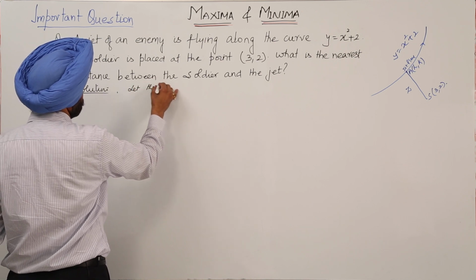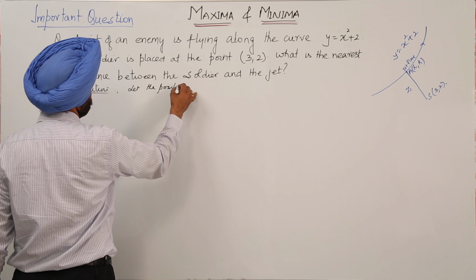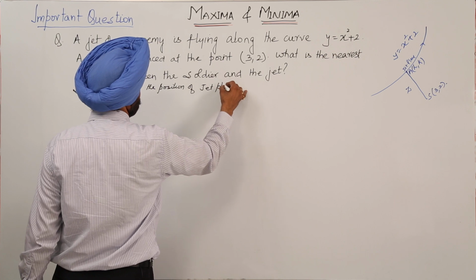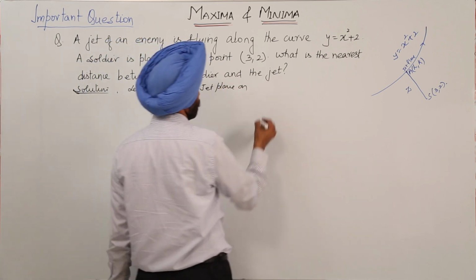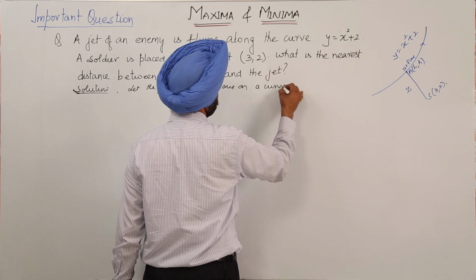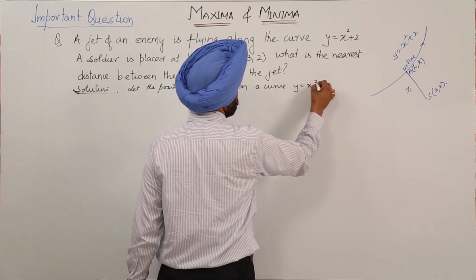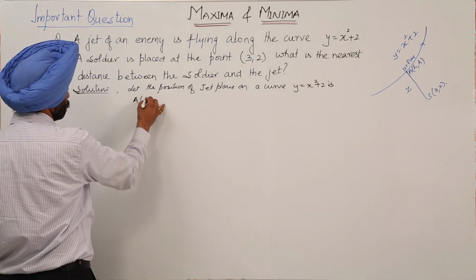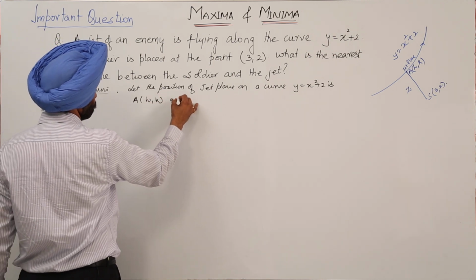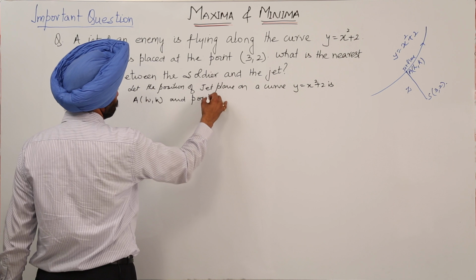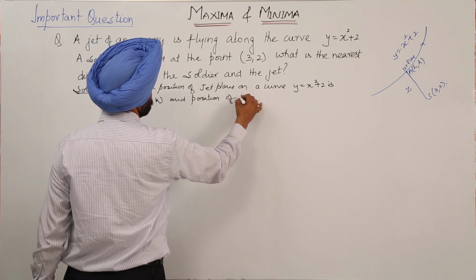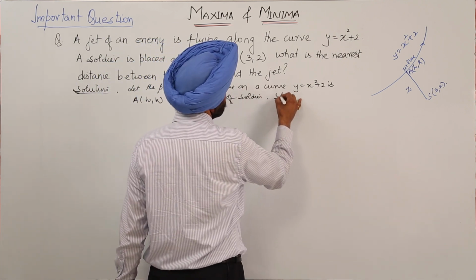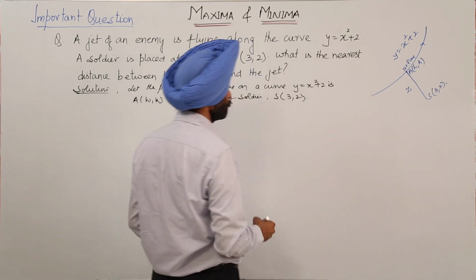Let the position of the jet plane on the curve y is equal to x square plus 2 be A with coordinates (h, k), and the position of the soldier S is (3, 2).